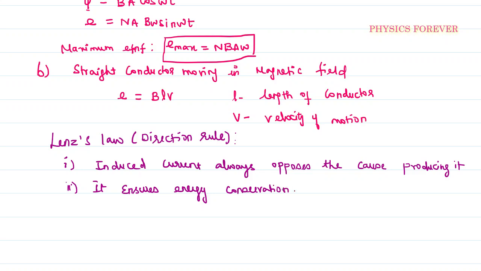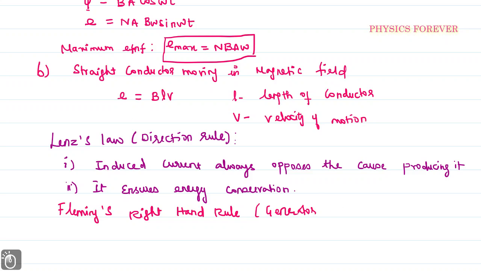Then another one is the Fleming right hand rule for generator rule. There should be two rules. Next one is Fleming right hand rule for generator rule.